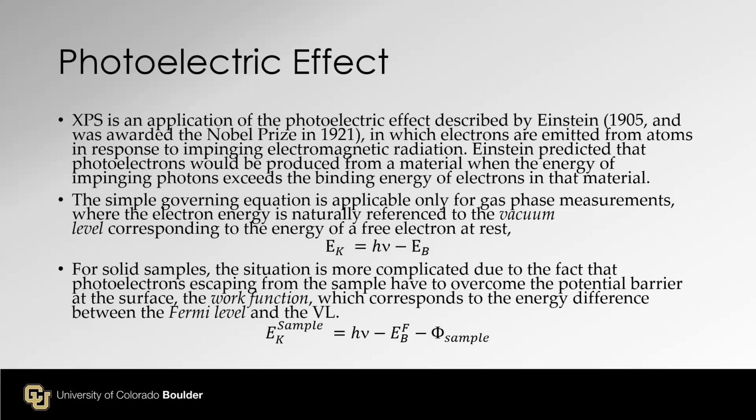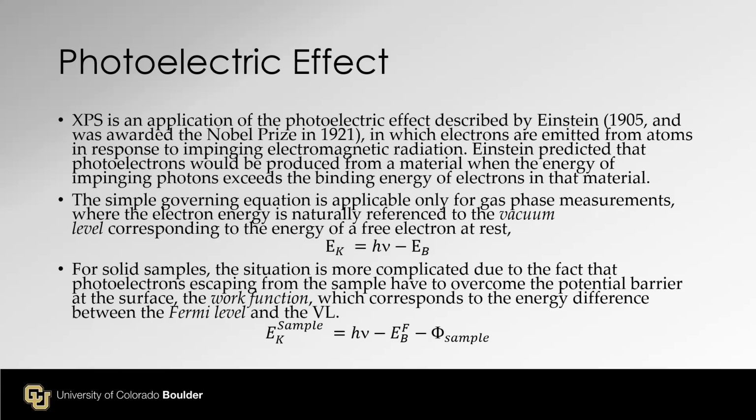In practice, for solid samples, solid surfaces, of course, situation is more complicated. Okay. So photoelectrons escaping from the sample surface has to overcome the potential barrier at the surface. That is work function, which corresponds to the energy difference between the Fermi level, FL, and the vacuum level.